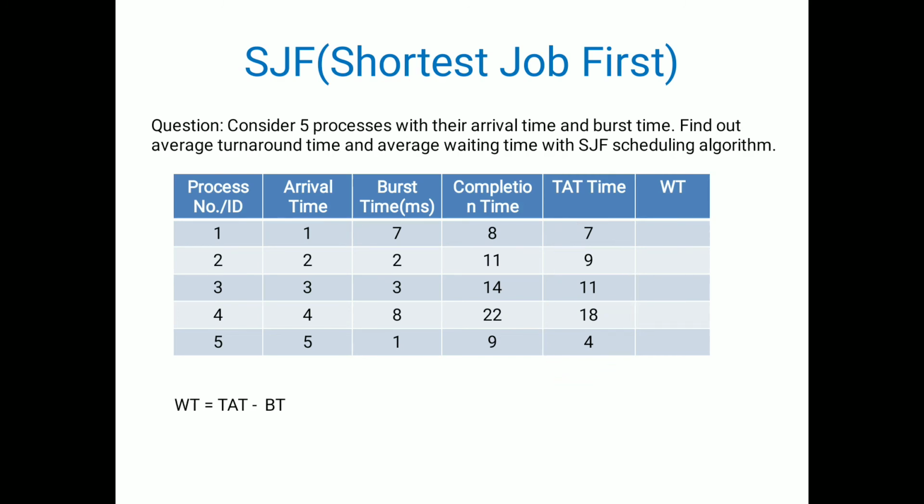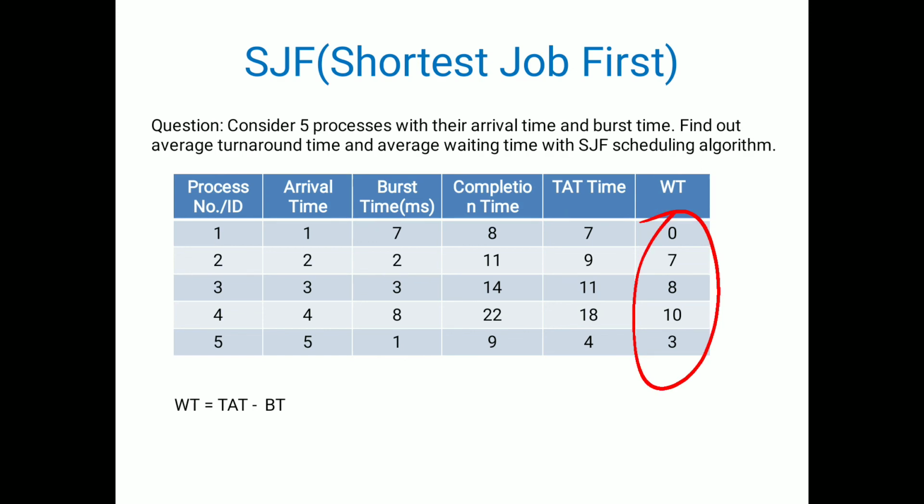Next we find the waiting time for all the processes, and we already know the formula for the waiting time: turnaround time minus burst time. For process P1, the waiting time is 7 minus 7 is equal to 0. By applying this formula to all the processes, we get the waiting time for all the processes.